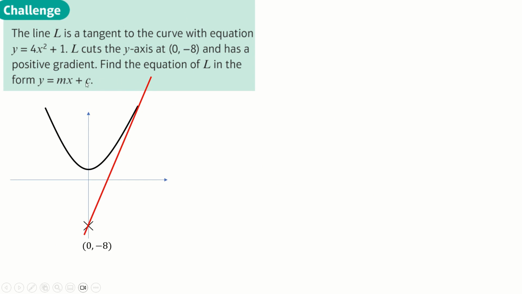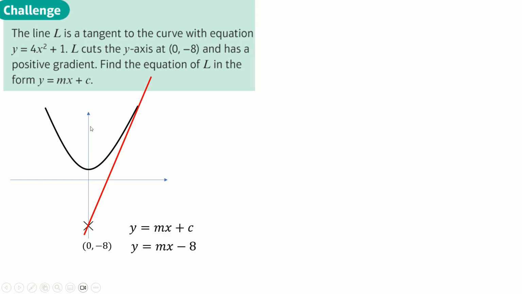Now, this is an interesting question because I didn't actually use any differentiation, which is what this chapter is supposed to be about. I'm not sure whether I just missed something, but anyway, this is the line y equals mx plus c. It's got a y-intercept of minus 8, so we can immediately put that information in. And now all I did was, of course, if it's tangent, then that means when you solve it against the curve, it just has one intersect, which means b squared minus 4ac is 0.